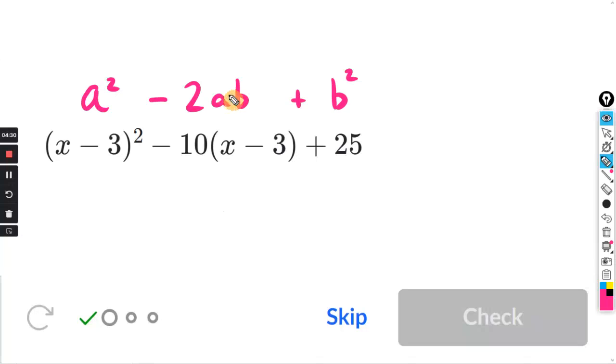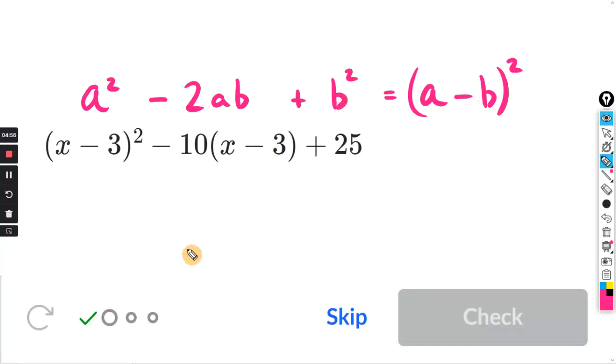Okay, and the one that matched that was basically the one that said a minus b quantity squared. All right, because when you did a times a, that'd be a squared. Negative b times negative b will give you b squared. The inner outer term is negative.